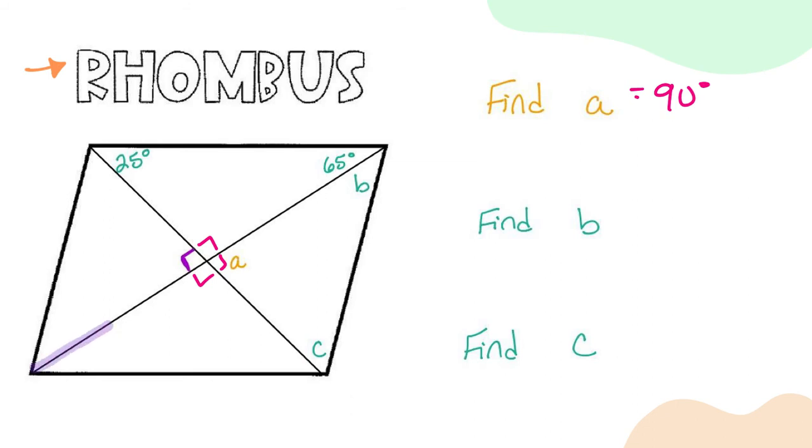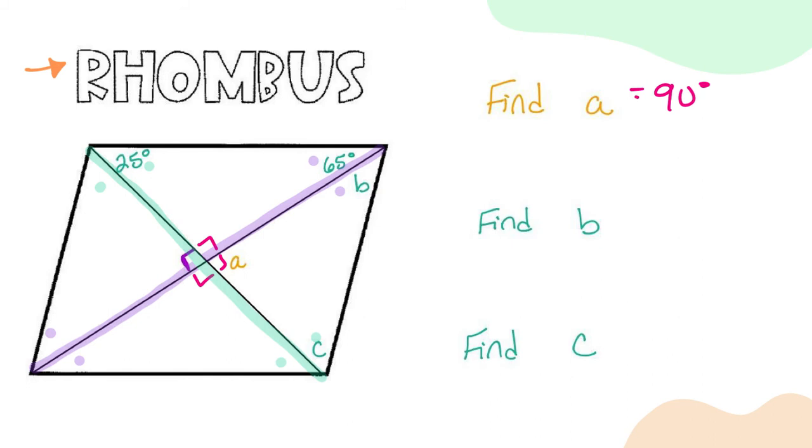Then, when I'm dealing with a rhombus, I know that all 4 of these angles are congruent, and I know that all 4 of these angles are congruent. So I've got my purple diagonal with its 4 purple angles, and my green diagonal with its 4 green angles.